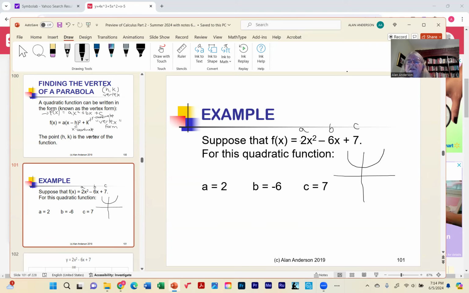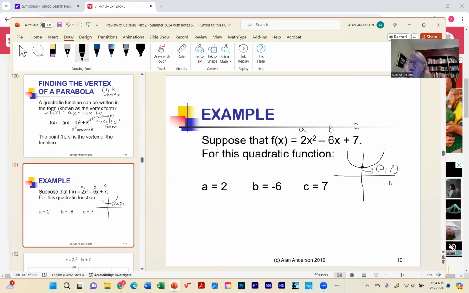We also know the vertical intercept is 7, meaning that it cuts through the point 0, comma 7. How do we know that? Because if you replace these x's with zeros, the function will be equal to 7. It looks like the way this has been set up, this is also a vertex. No, not necessarily.